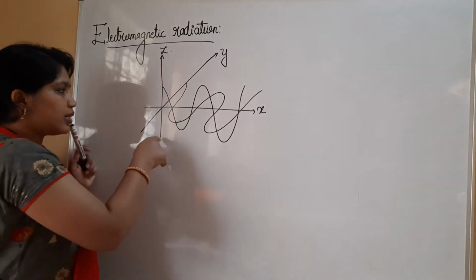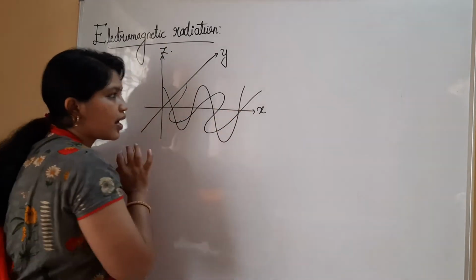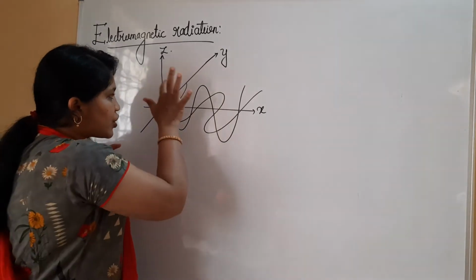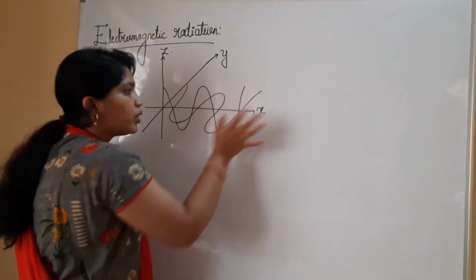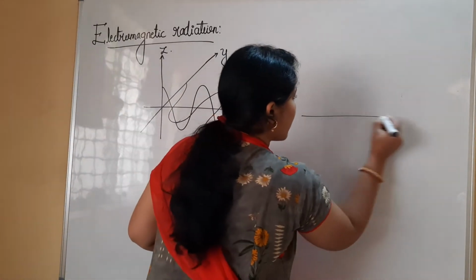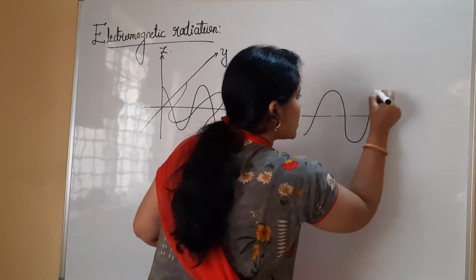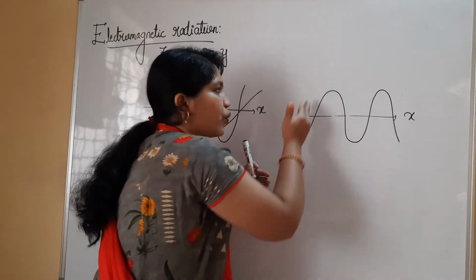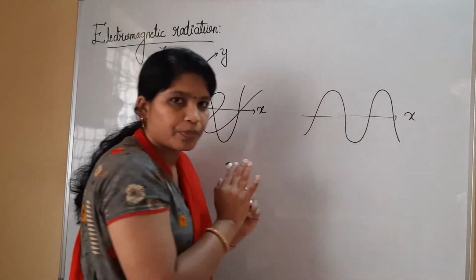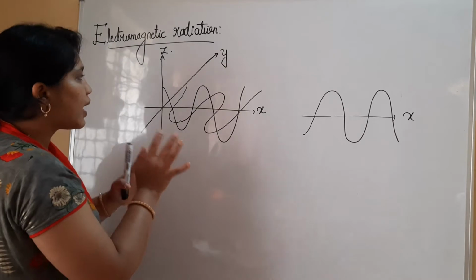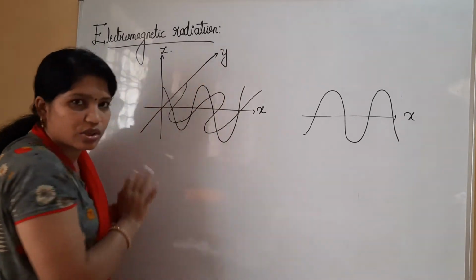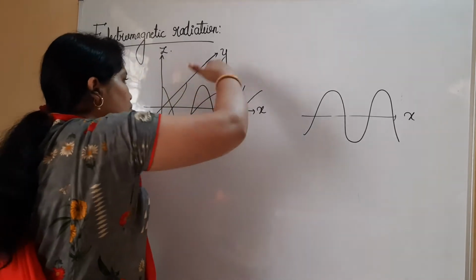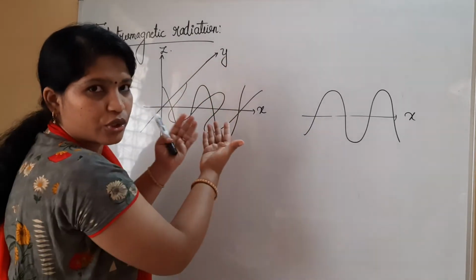See here, this is the x axis I have taken, this is the y axis I have taken. I have mentioned one wave here along the x axis. That means through this x axis the wave is moving in this fashion. Similarly, I have mentioned one y axis also. You must remember that through this y axis the wave is moving in this fashion, opposite to the board.